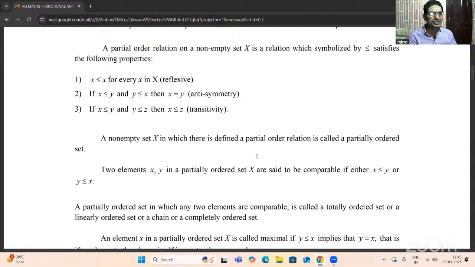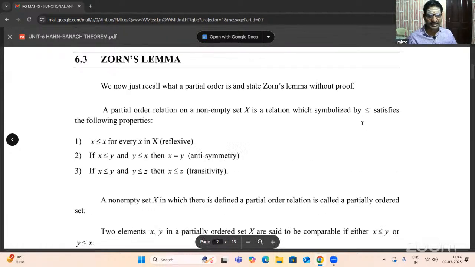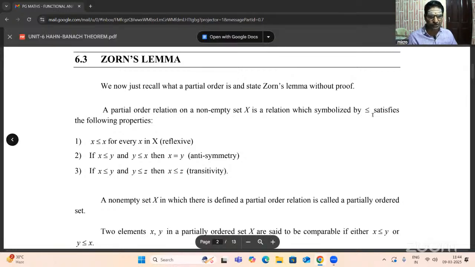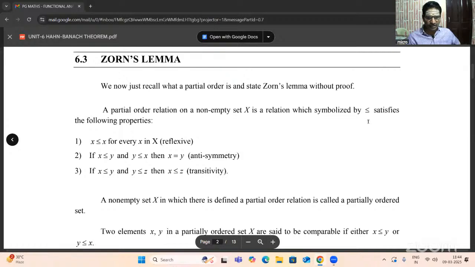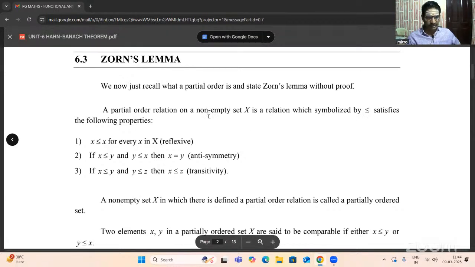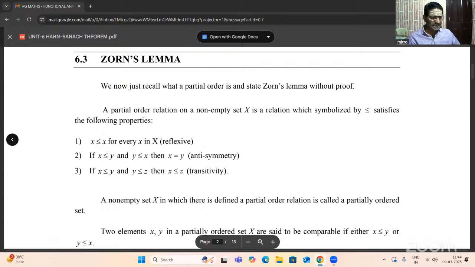Now, the partial order relation is denoted by less than or equal to. Symbolically it represents the partial order relation, satisfying all the properties on a non-empty set. A relation on a non-empty set of elements satisfying these properties is called a partial order relation. The first is reflexivity.